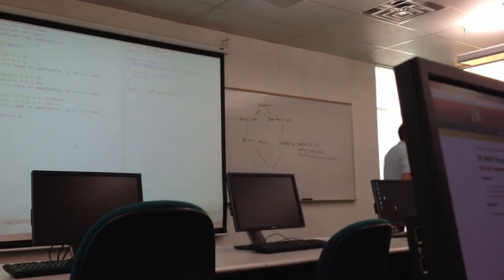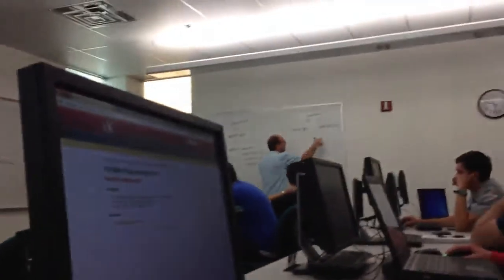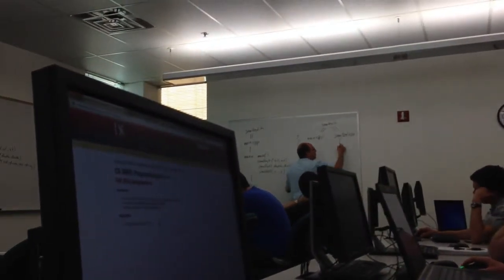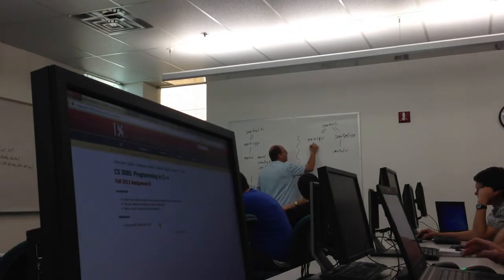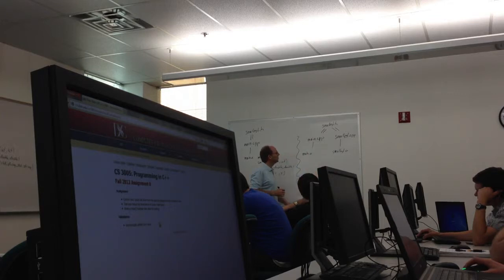So there's a problem with that. That means that smallest would be compiled to smallest.o, and main would be compiled to main.o. Well, the issue there is main.o would have the object code for main, and then it would have a reference to these other 3 templated versions.